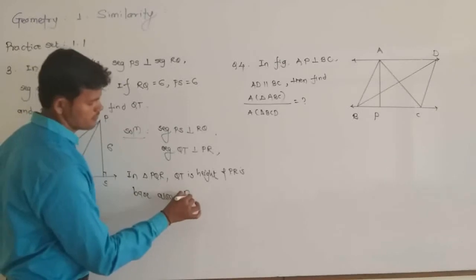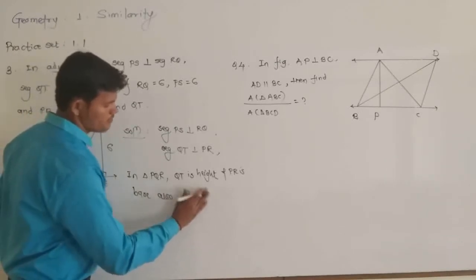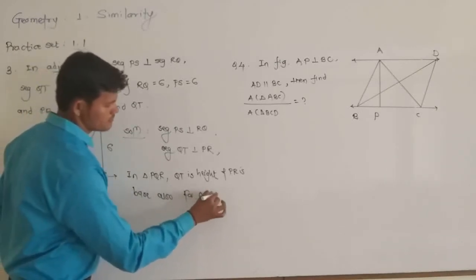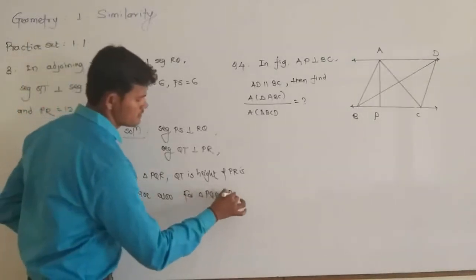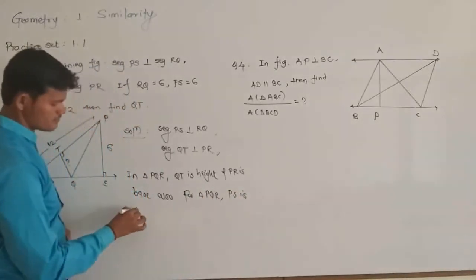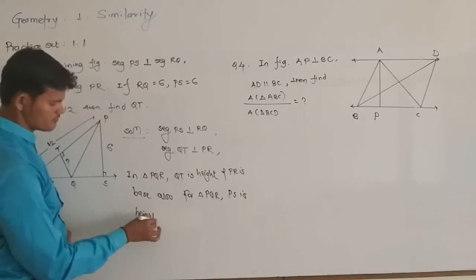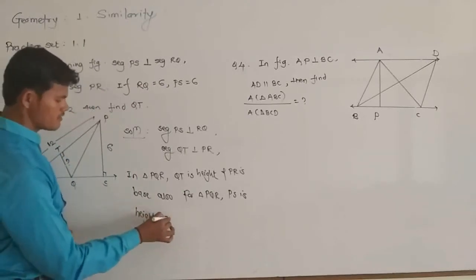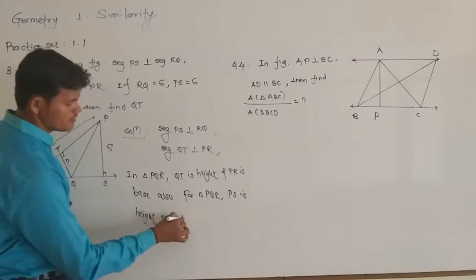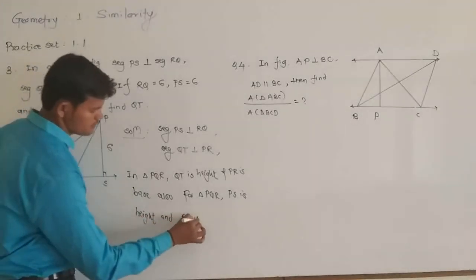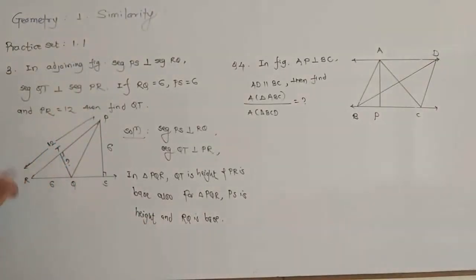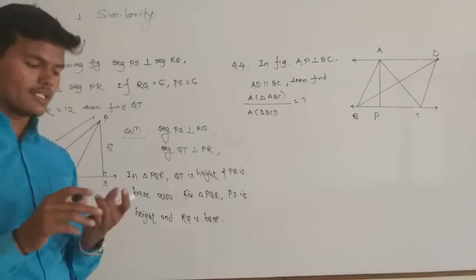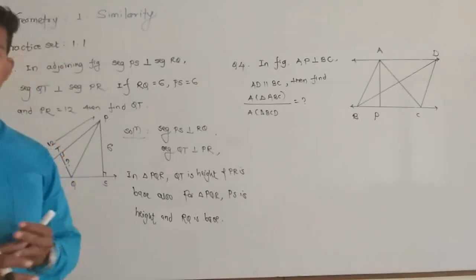Also, for triangle PQR, PS is the height and RQ is the base. That means for the same triangle there are two heights and two bases, both heights are different, and both bases are also different.